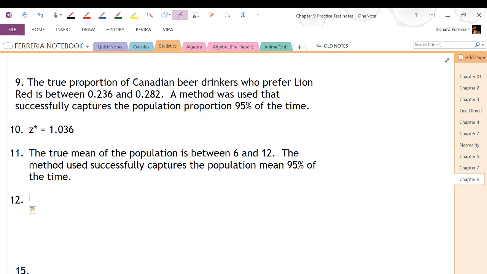When would you want to make the confidence interval smaller? If you need specificity.